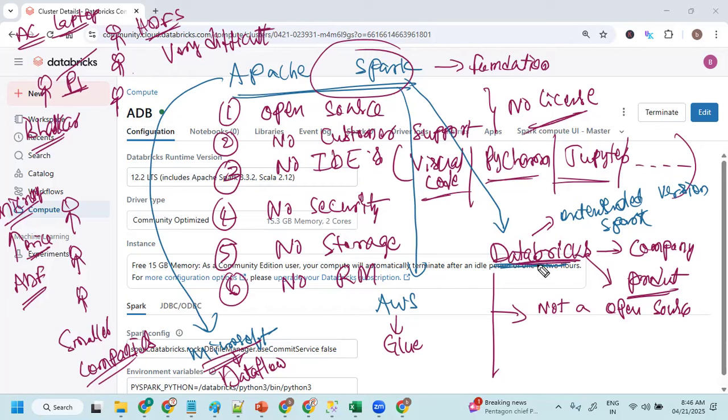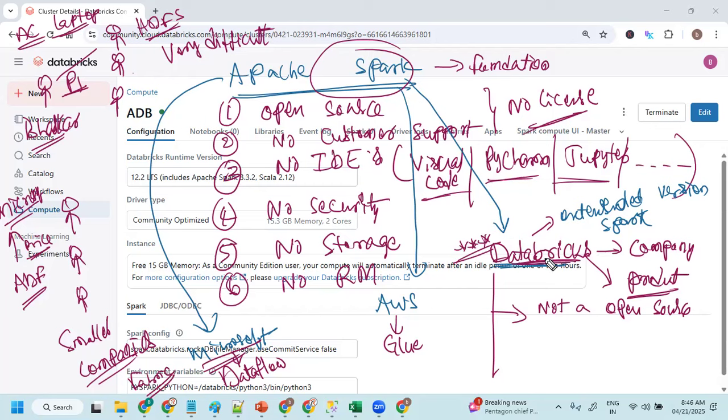Databricks was started very early, so it succeeded like anything. The market adopted Databricks. Now Microsoft is also trying to provide Fabric, their own product, and of course Databricks is associated with different people. So just ignore all those things and concentrate on this area.